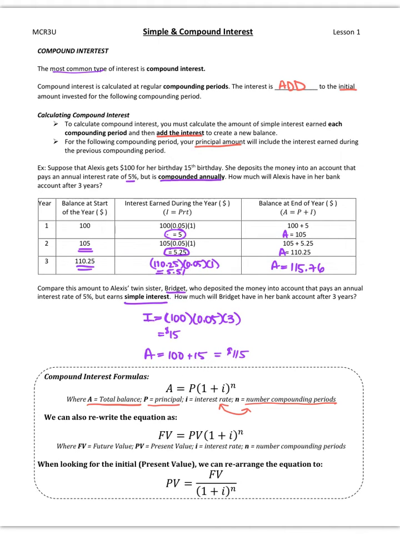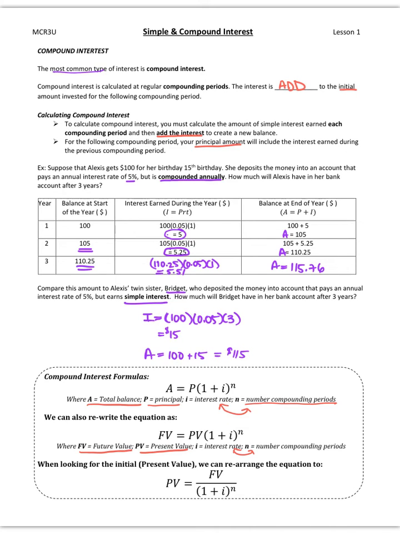So A is also the same as future value because technically this amount is a future amount that you will have in your account. PV is just another way to say what is your present value that you're investing. Well, that represents your principal that you're investing.